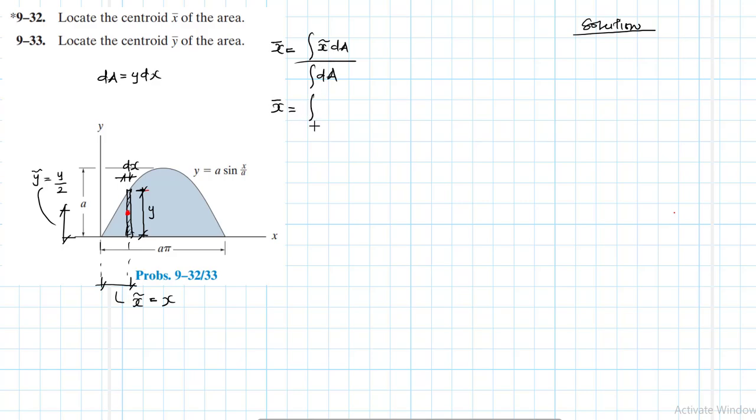It is the centroidal axis for this small strip, which is just x. Our dA is y dx, and we are integrating with respect to x, so the limits are from 0 to a pi, divided by the total area, the integral from 0 to a pi of y dx.